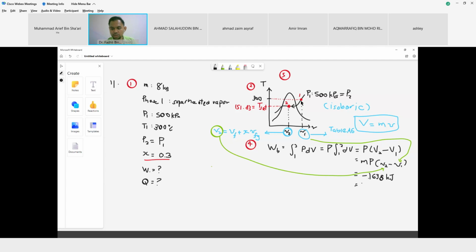In this case, you can change this minus into positive, but you have to mention work done on the system, because it is work in or W in.